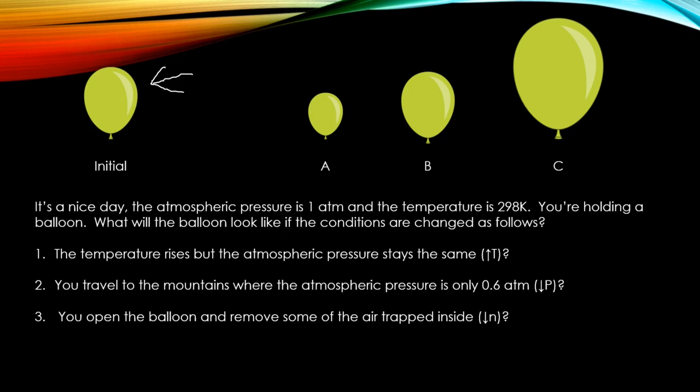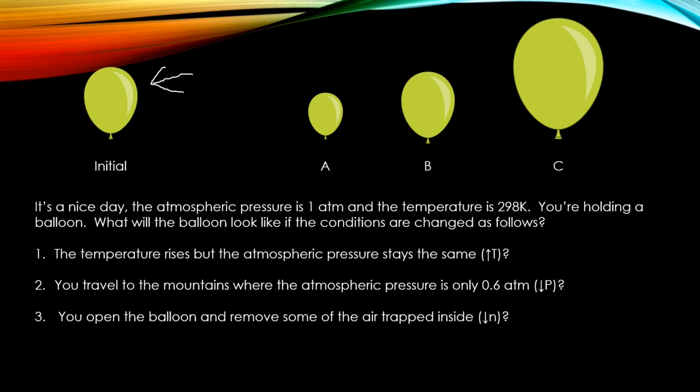If you said that the balloon will look more like C than it did initially, you're correct. Temperature and volume are directly proportional. As the temperature rises, so will the volume. Okay, so you're back to your initial conditions, and you travel to the mountains where the atmospheric pressure is only 0.6 atmospheres.